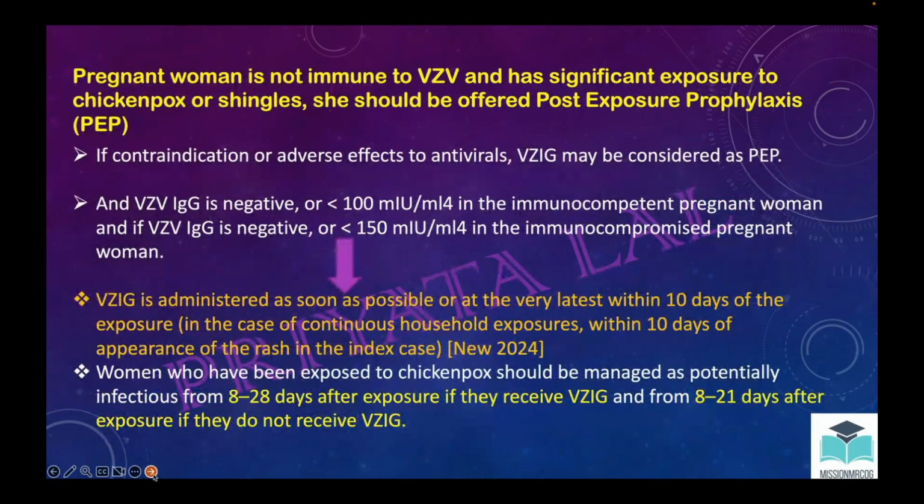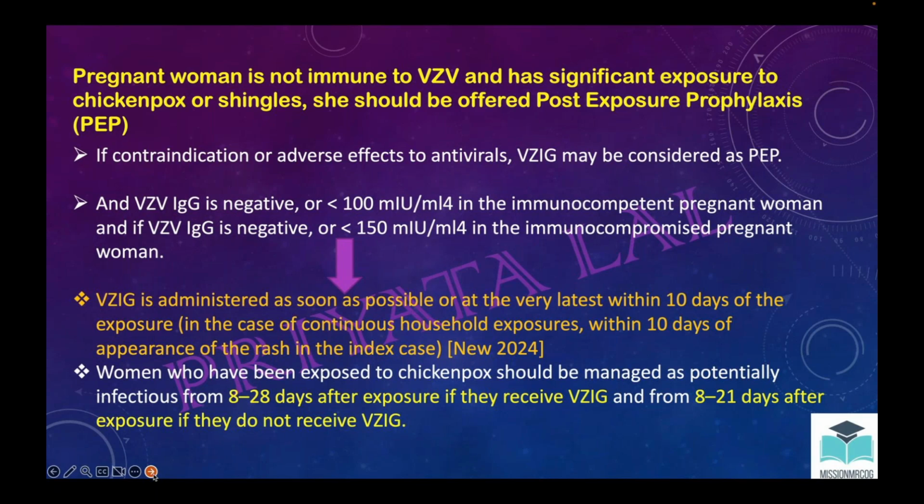Now first they will be offering tablets. If the patient doesn't want them or has any adverse effect, then varicella zoster immunoglobulin will be given. It will be given as soon as possible, usually within 10 days of exposure, and or within 10 days of appearance of rash in the index patient.